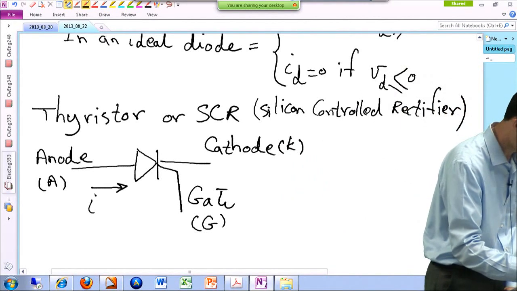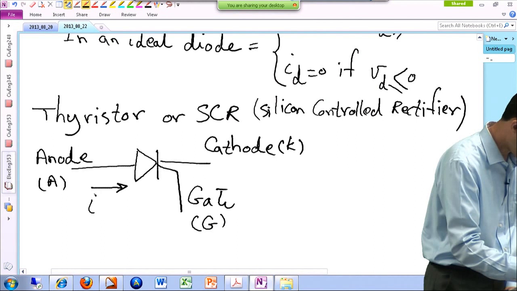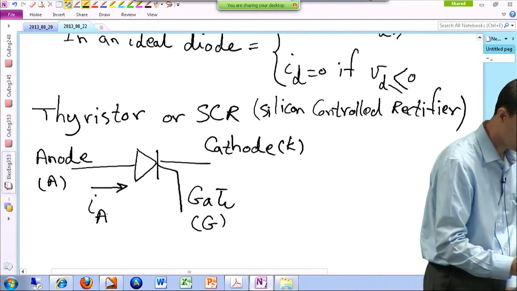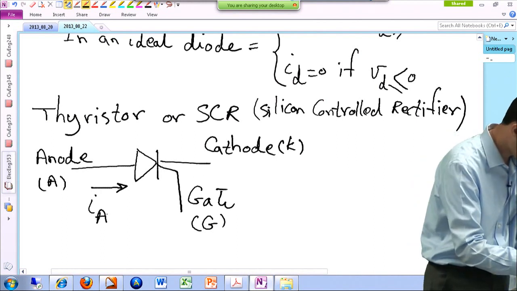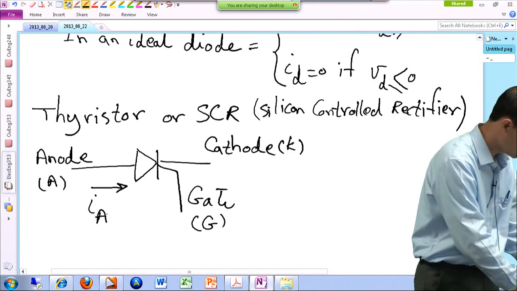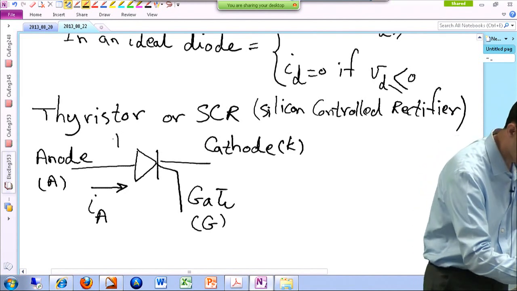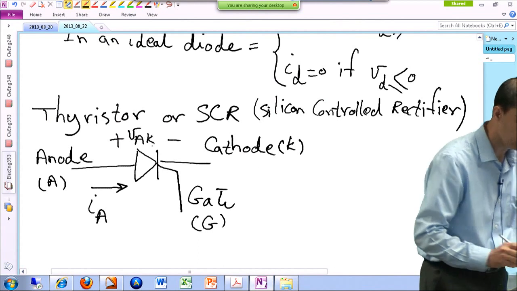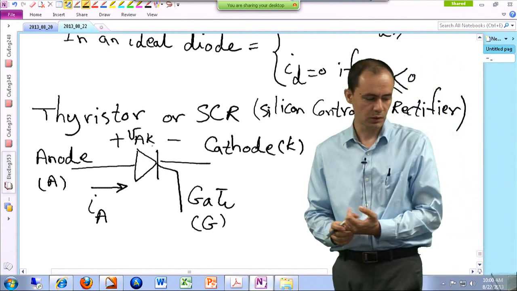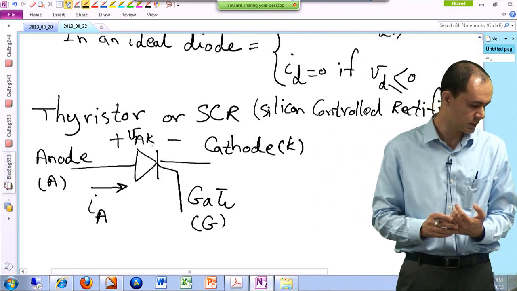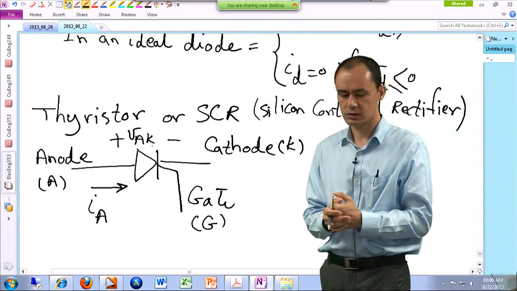So this is the current of the anode, as they usually call it. And the voltage drop across the component is the voltage of anode with respect to cathode, VAK. So this is the symbol for this component.